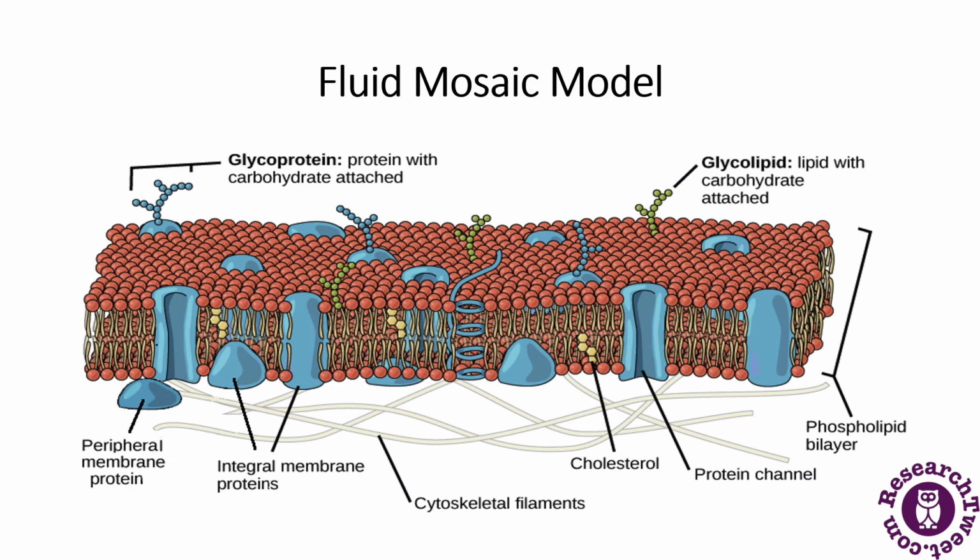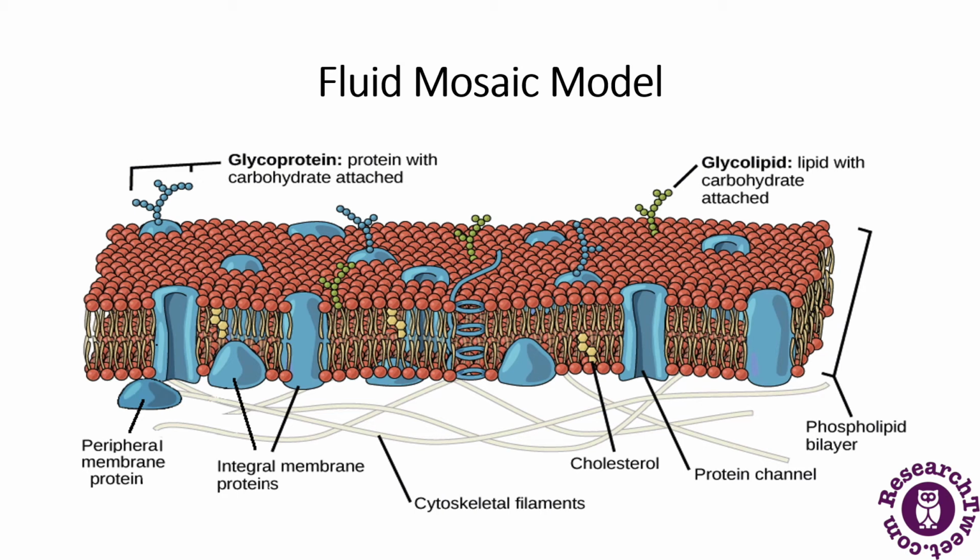Next, we will talk about the fluid mosaic model. The structure of the plasma membrane can be explained through the fluid mosaic model, as a mosaic of cholesterol, carbohydrates, proteins, and phospholipids. So if we talk about the history of the fluid mosaic model, who proposed this first?